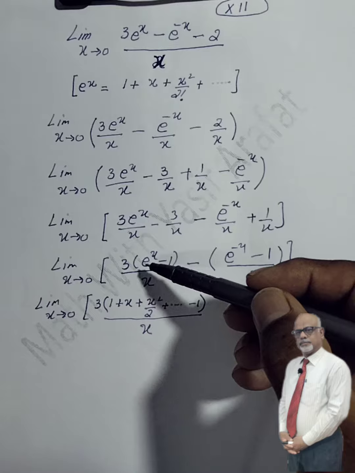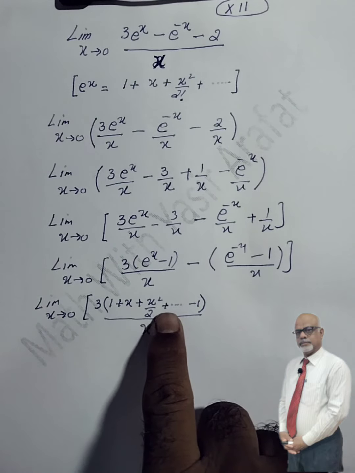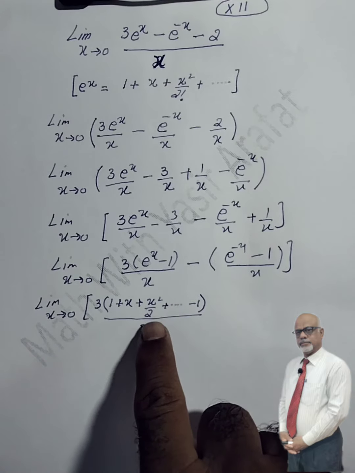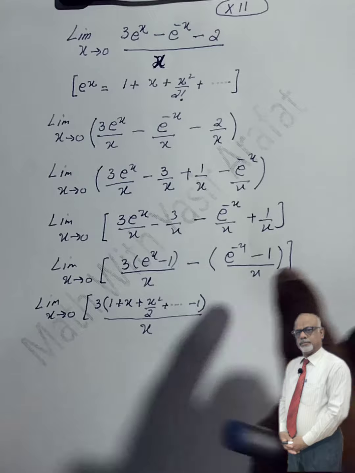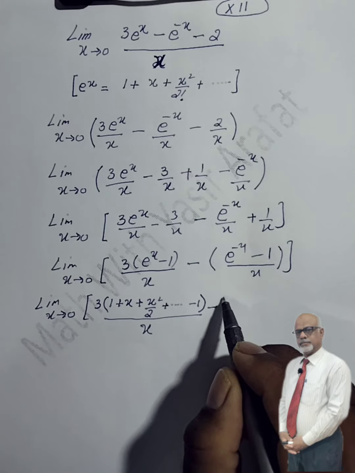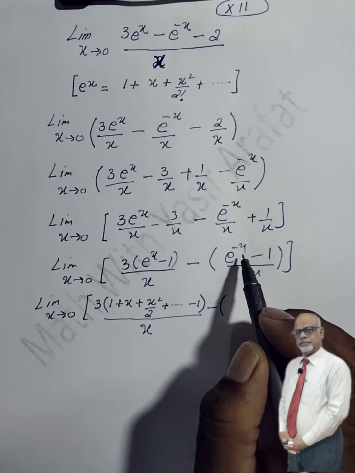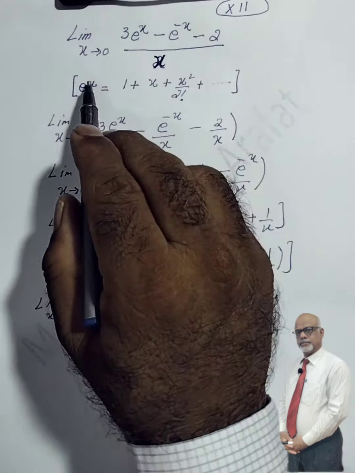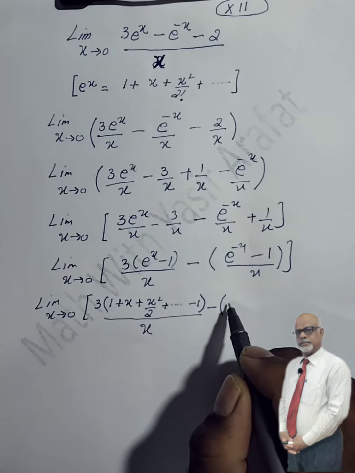Here we just have to apply the formula of e^x. It is equal to 1 plus x plus x square upon 2 and so on, and this is minus 1. So here we have to apply the formula, and here remember that this is e^(-x). E^(-x) means we have to put the value x equal to minus x in the same formula here.